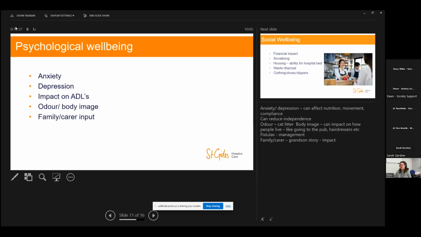Got to think as well about the impact on ADLs. So when we think about someone having a wound, and we think about how is that going to affect the way that they live their life, then actually it can have a huge impact. So this could, for example, stop someone going to the pub, which they normally like doing, or going to the hairdressers, or things like that. And again, that can be due to perhaps odor or body image.